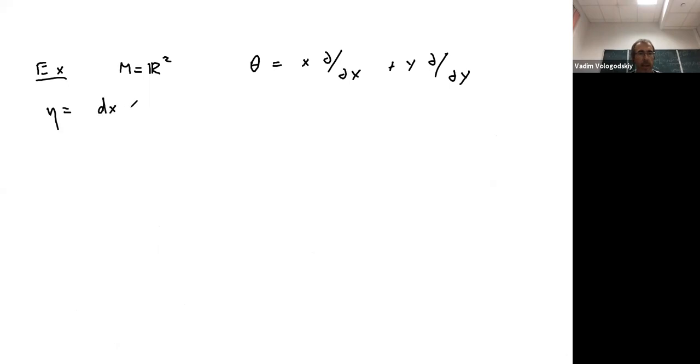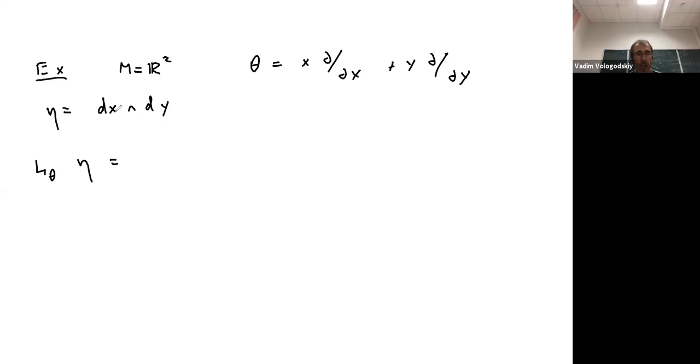So we take for M = R², vector field theta will be x d/dx plus y d/dy, and eta is dx wedge dy. Okay, let's do the computation.